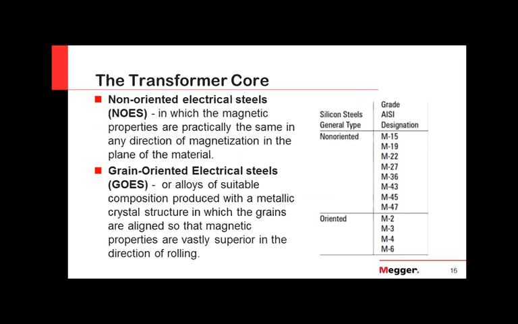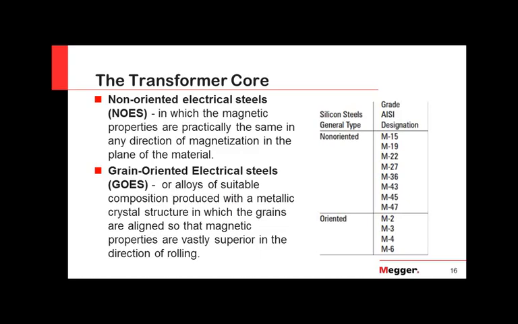So here we go. And now we can talk about non-oriented electrical steels, NOES. In this case, the magnetic properties are practically the same in any direction of magnetization in the plane of the material. What I'm saying here is that the material has no preferred direction.